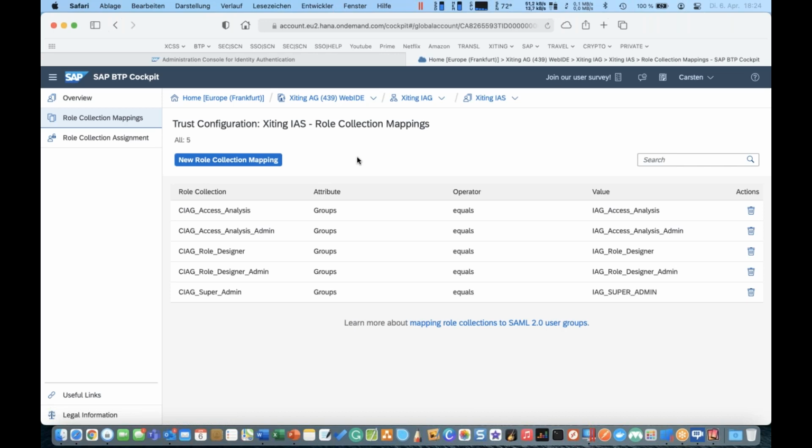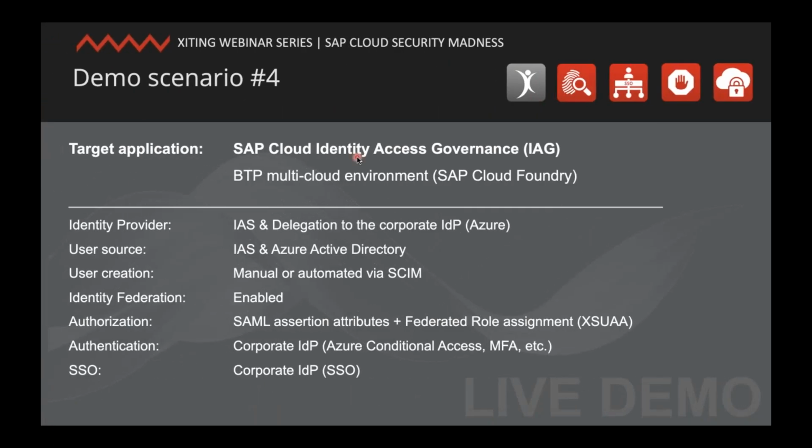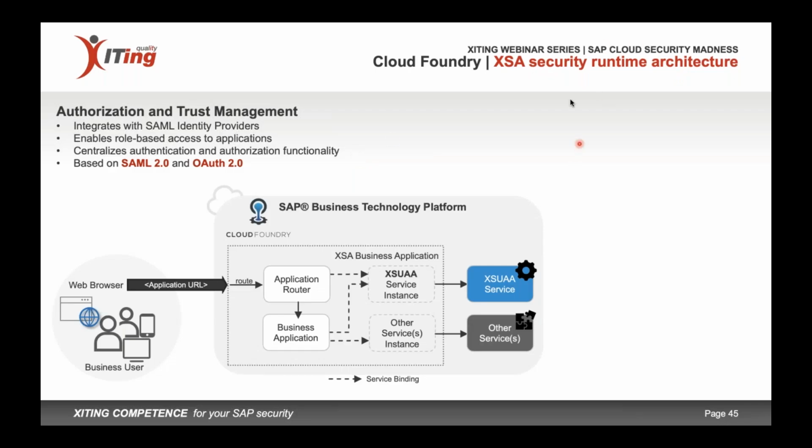And I like to provide you this in this webinar. That's the reason why it takes some more time. But I think it's really important to understand the technology behind it, that we're not only using SAML here, but also we are using OAuth 2 as a standard.